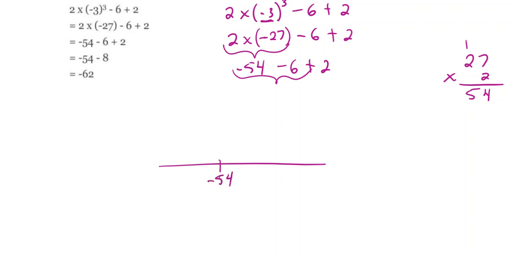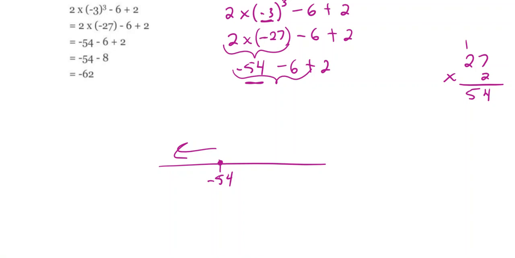Imagine we're on the number line and you're at negative 54. And then I told you that you're going to subtract 6. Subtracting on your number line means going to the left. If you subtract a positive, wouldn't that make it go positive? No, go to the left. Subtracting a positive is just subtracting.